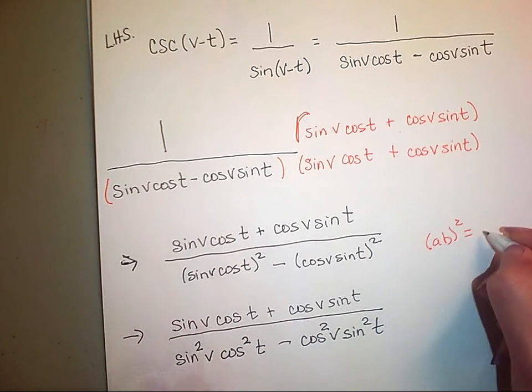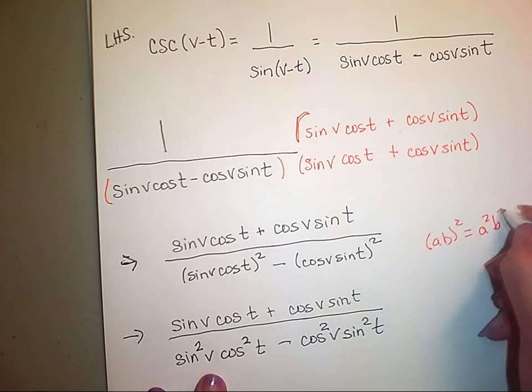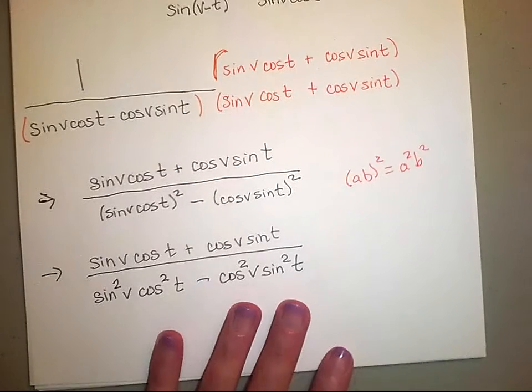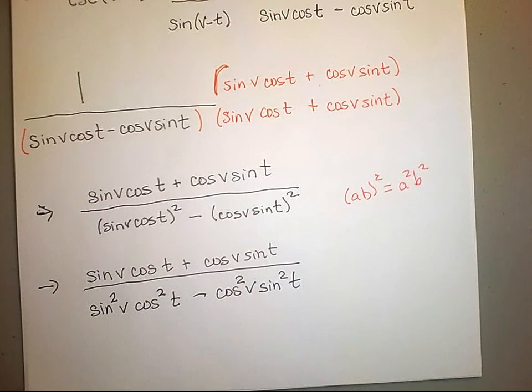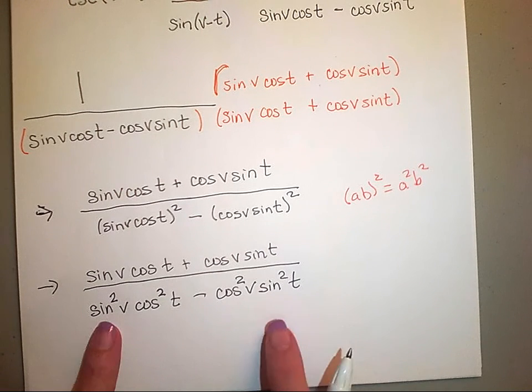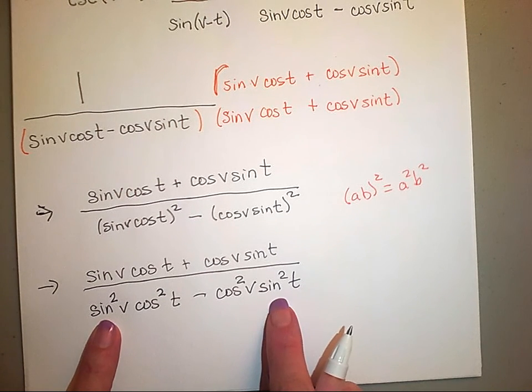From the fact that if you take a times b and square it, that's the same thing as a squared times b squared. Okay, well, I want to get to just a sine squared of v minus the sine squared of t. So I want just these two.